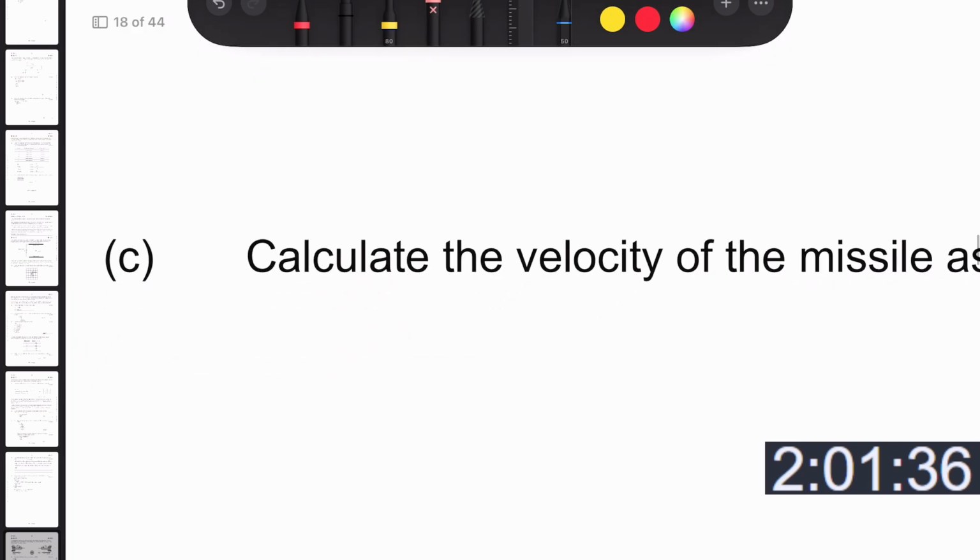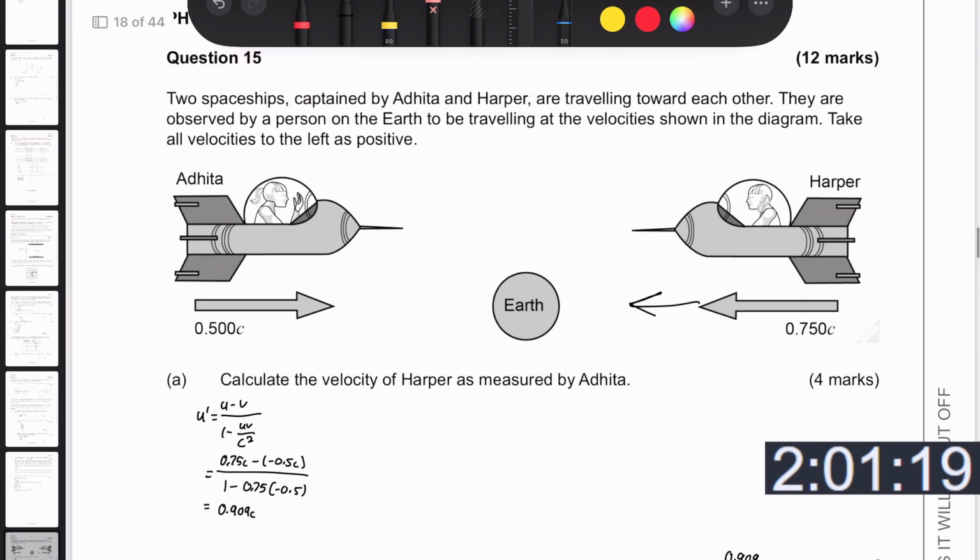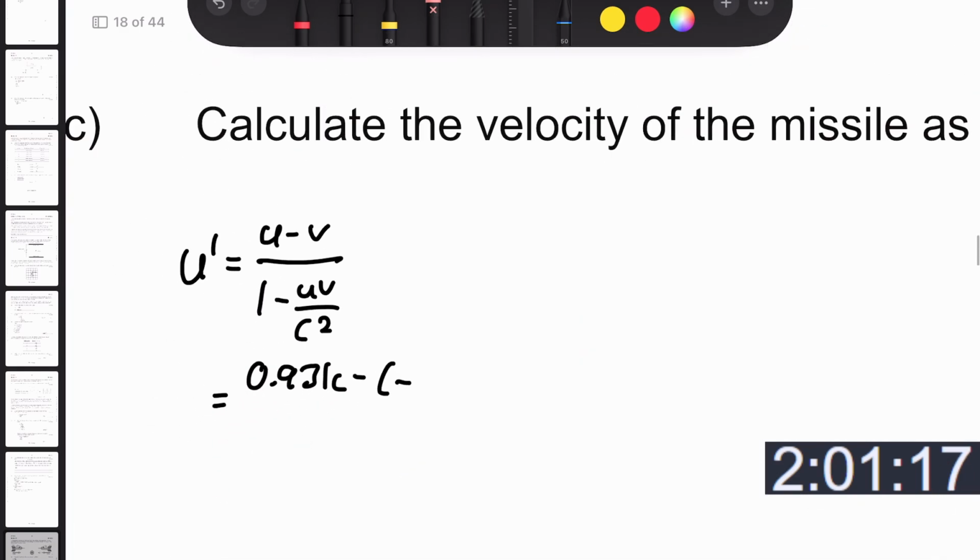So then we're going to have u equal to u minus v all over 1 minus uv over c squared. Now the u is going to the left at 0.931 c, and then Atar is going to the right at 0.5 c.